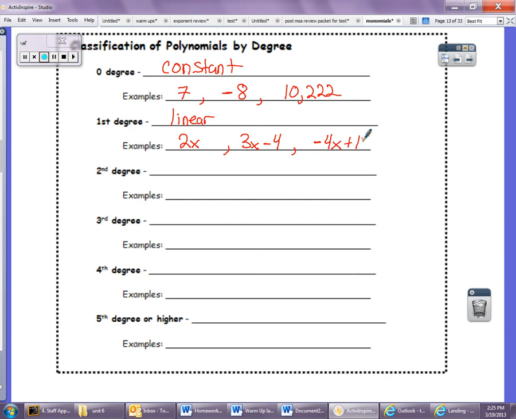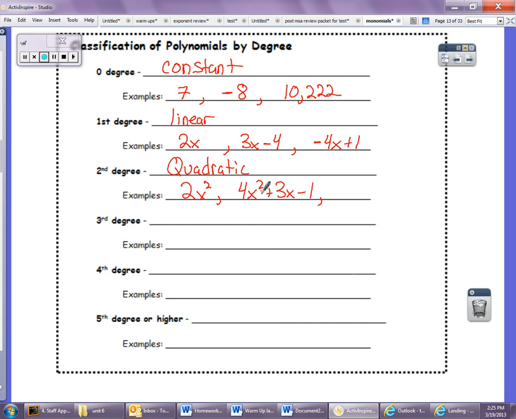A second degree polynomial is called a quadratic. That means the highest degree is 2. So we can say 2x squared, or we might have 4x squared plus 3x minus 1. The highest degree is still 2.